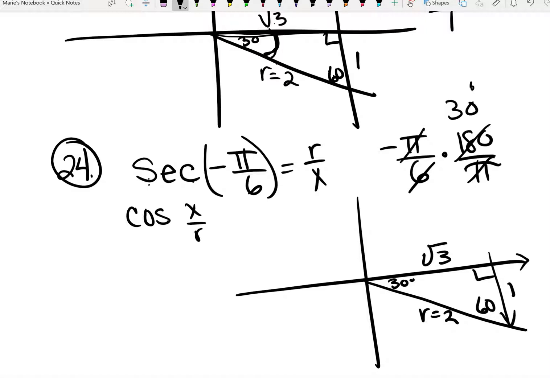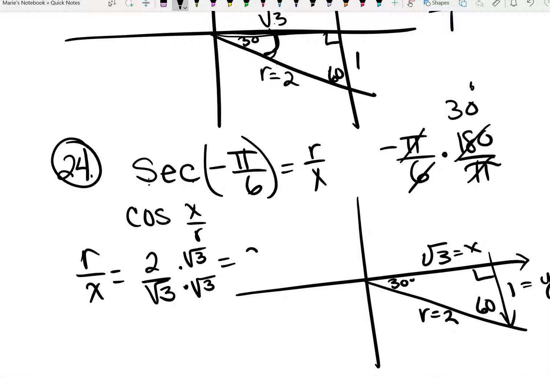Your y is 1. Okay. Now, if I want secant, just remember this is x, this is y. So if I want secant, I want r over x. So 2 over square root of 3. We know we can't leave square root of 3 on the bottom, so we multiply by square root of 3 top and bottom to get 2 square root of 3 over 3.